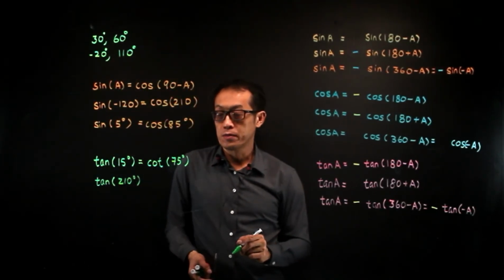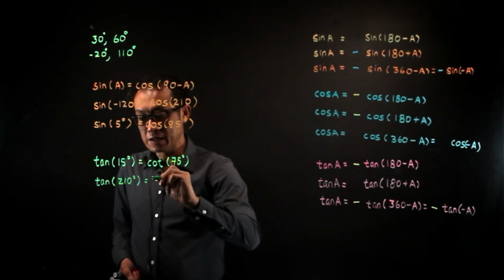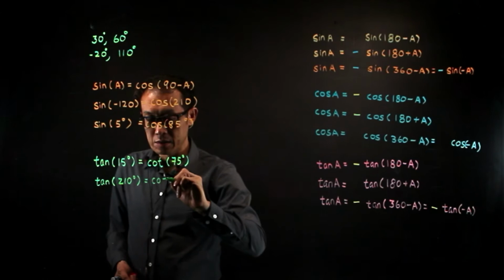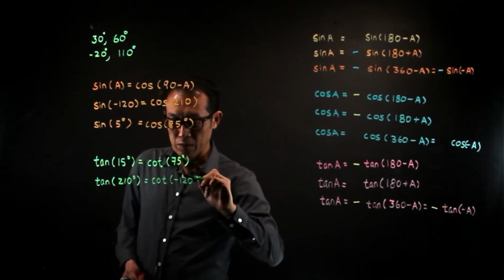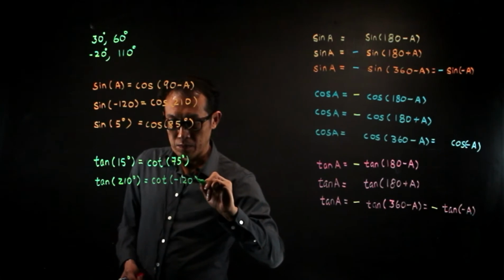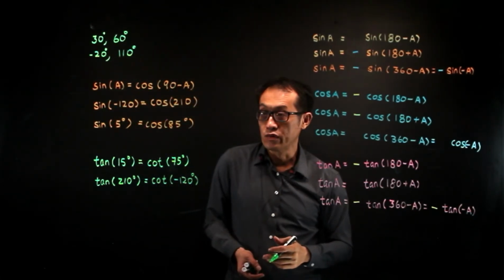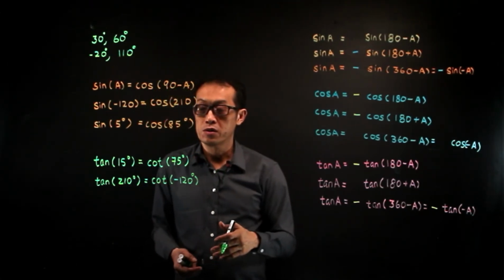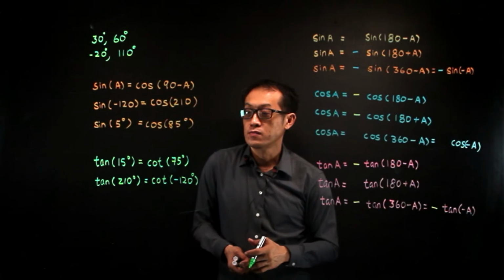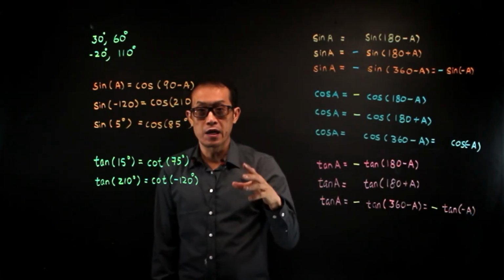So this will be 90 minus 210, which is minus 120, cotangent minus 120. Alright, you can press the calculator to verify whether what I tell you is true or not. Okay? Now you find that sine and cosine are complementary.